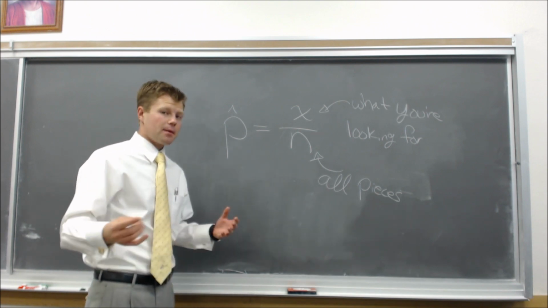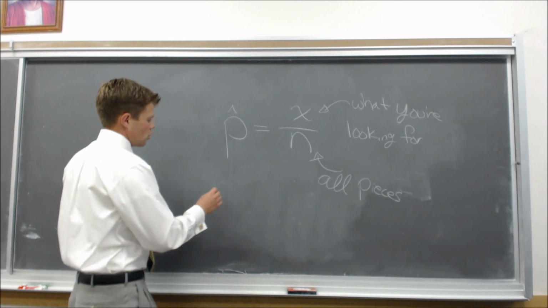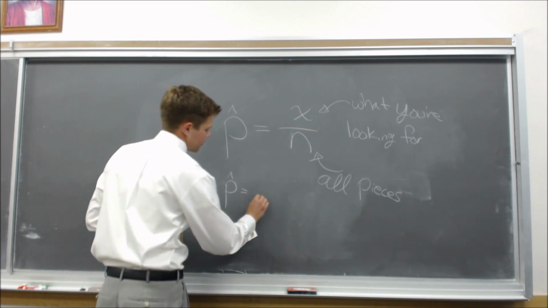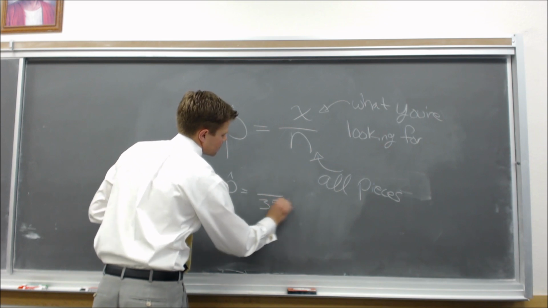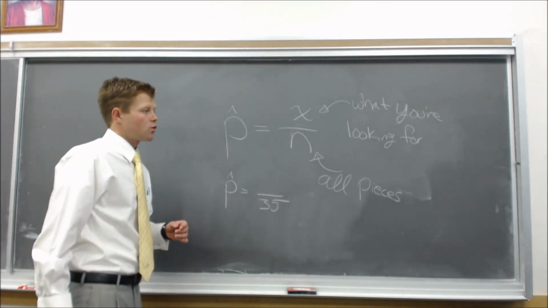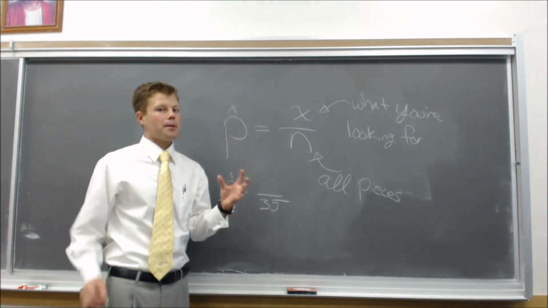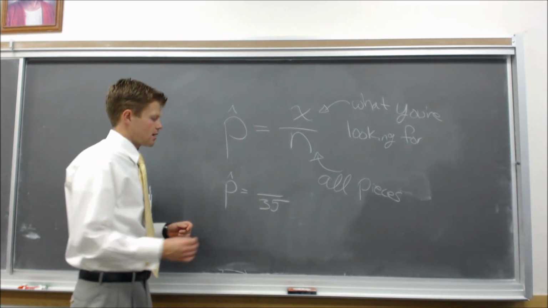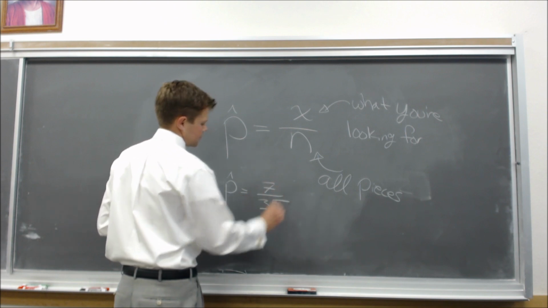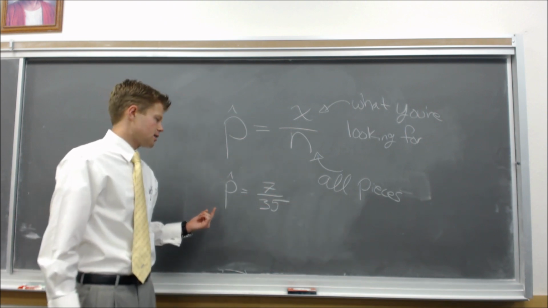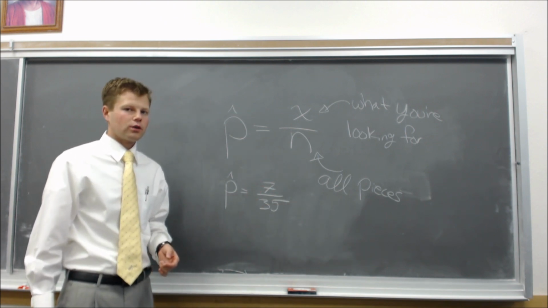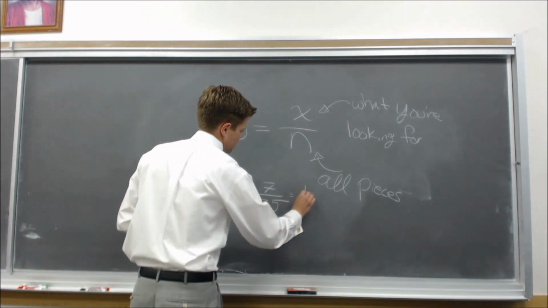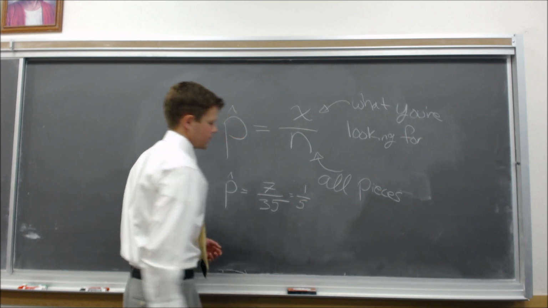In the M&M example, we could have a total in one bag of, let's say, 35 M&Ms. If we are looking for how many blue M&Ms there are in the package, and we count and find that there are 7, then our p hat would equal 7 over 35, or 1/5.